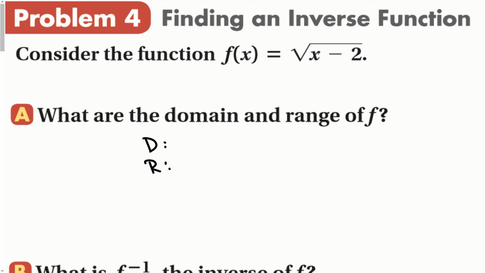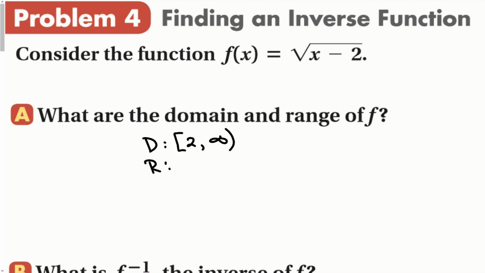So for instance, if I plug 0 into this function, that's no good because now I have the square root of -2. But if I plug 2 into this function, that I can do, and I can take this all the way up to infinity. So the domain of this function starts at 2 and keeps going up to infinity because I can plug any other number I want here and I'm going to get a positive radical. They're not all going to work out, but that's okay.